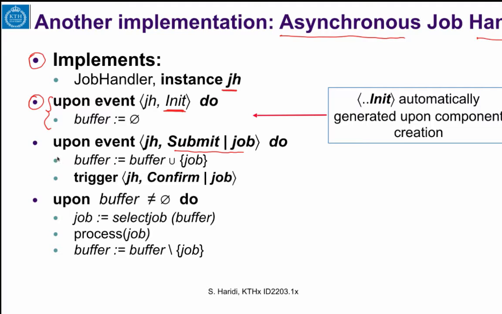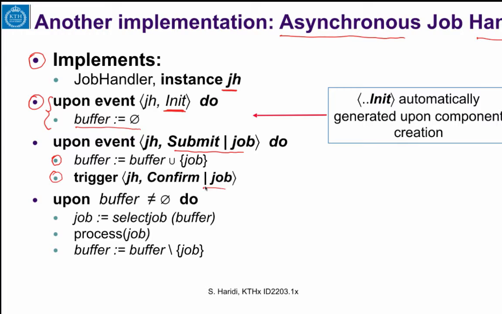Then we have how to handle a submit event. In this case, we just buffer the job. You see we had first an initial buffer, which is an empty buffer. Here we buffer the job, and we trigger immediately a confirm for that job. So we didn't really process the job yet, but it will eventually be processed. This is a different execution.